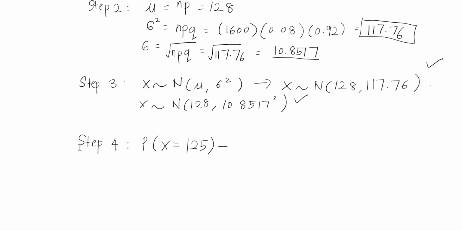Again you must use the continuity correction. From theory 13, when we have the equal sign, it's minus 0.5 and plus 0.5, then we get 124.5 and also 125.5.